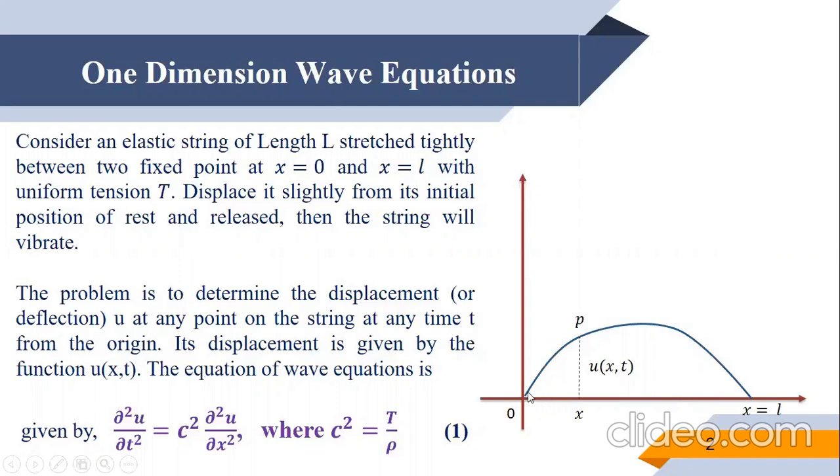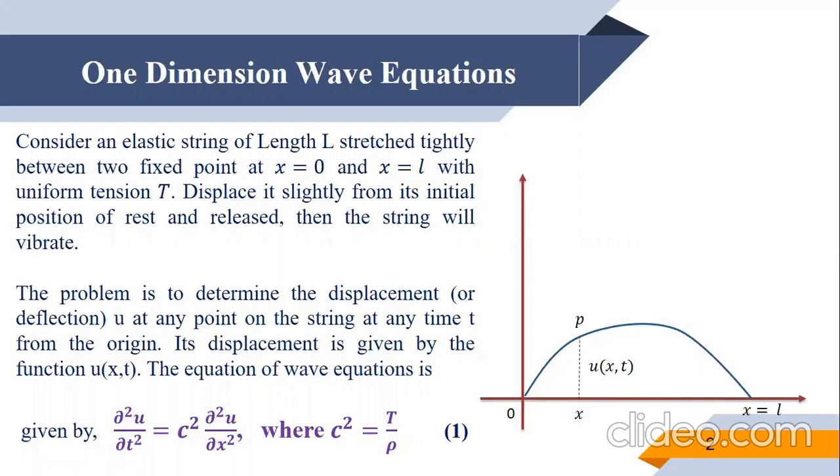Displace it slightly from its initial position of rest and release. Then obviously the string will vibrate. Therefore, the problem is to determine the displacement or deflection u at any point on the string at any time t from the origin.